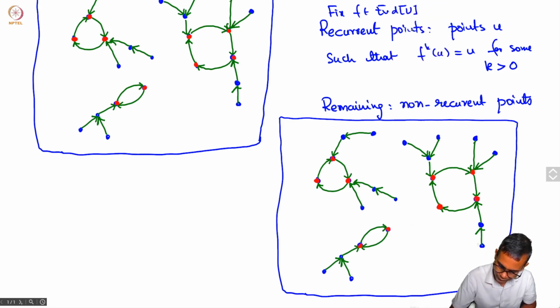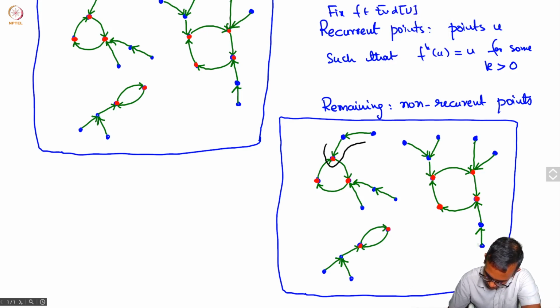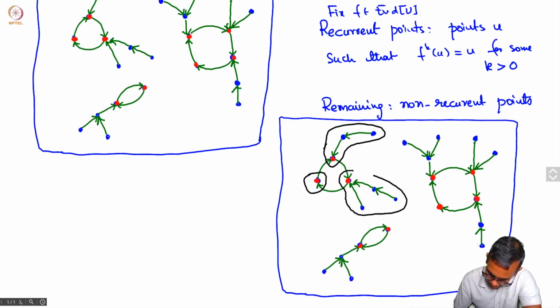Let me draw the trees. So this recurrent point here is the root of, maybe I'll use black, this tree. This recurrent point here is the root of this tree with only one node. This recurrent point here is the root of this tree.